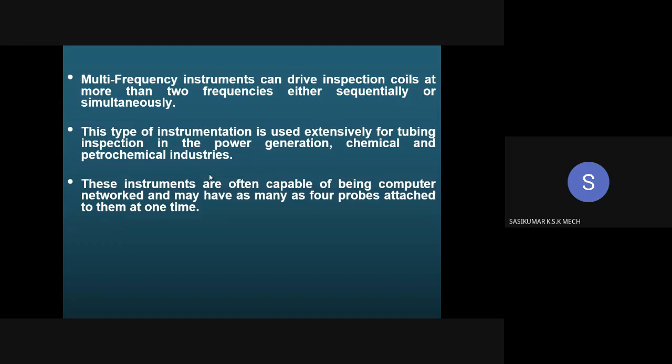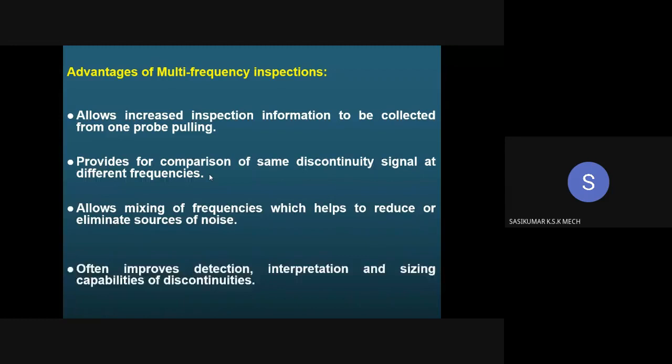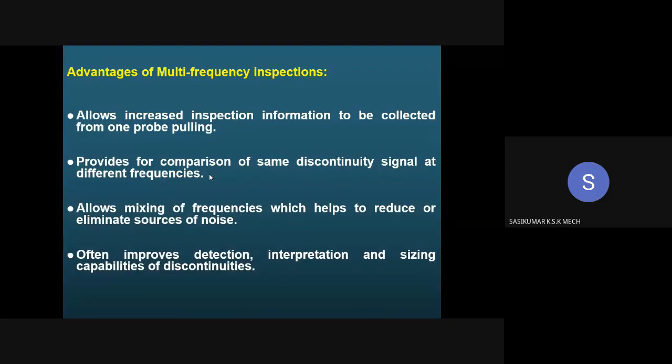The multi-frequency inspection devices have certain advantages over the other methods. They allow increased inspection information to be collected from one probe pulling. So in a single probe pulling, you get multiple information.